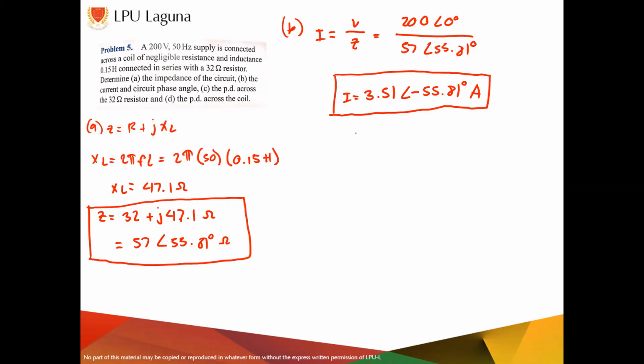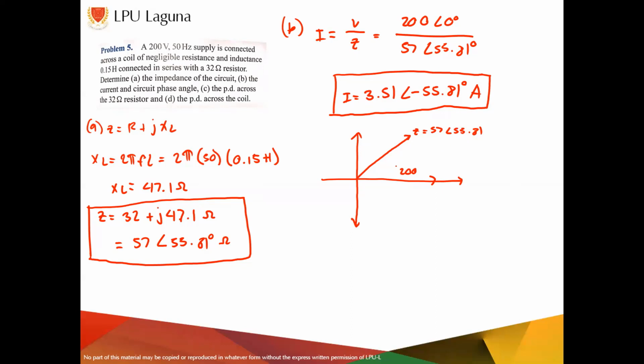Plot natin. This is our phasor diagram. Ang ating voltage is 200. Ang ating impedance is 57 bar angle 55.81. Ito yung ating Z. Z is equals to 57 bar angle 55.81.